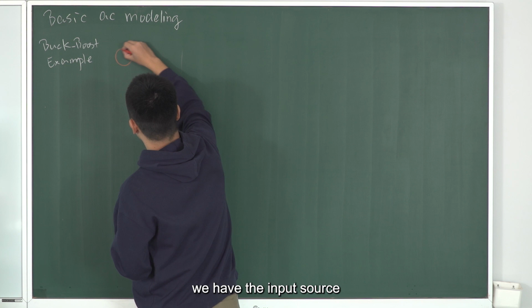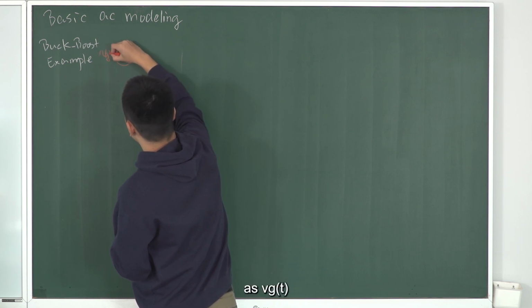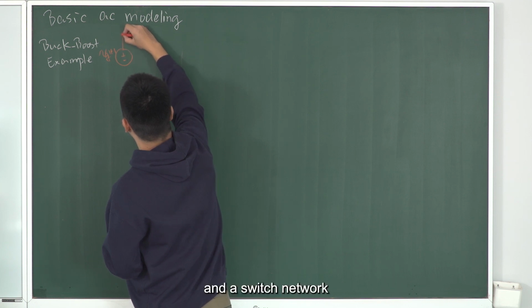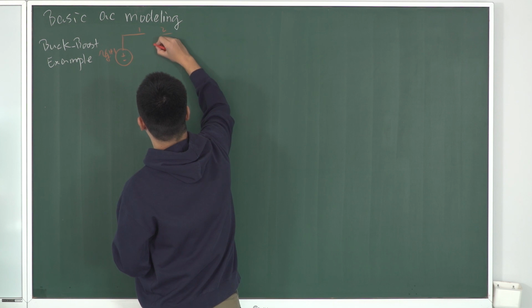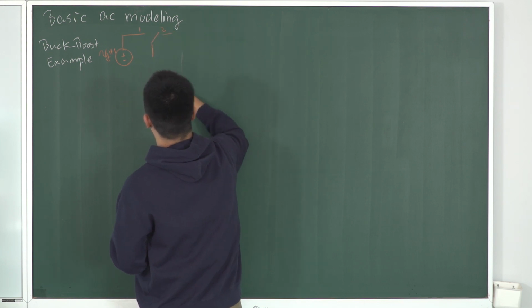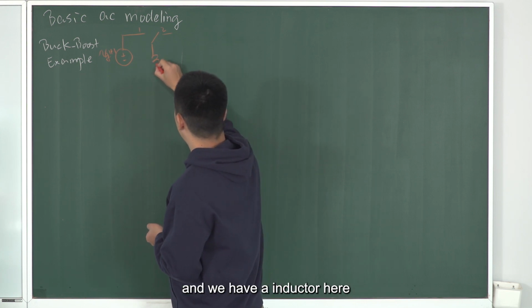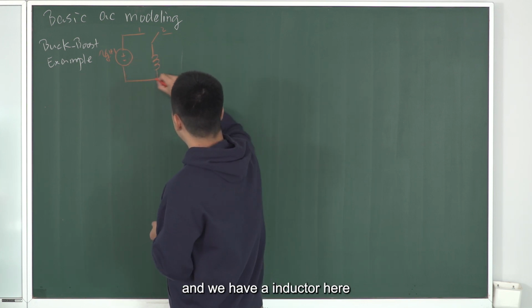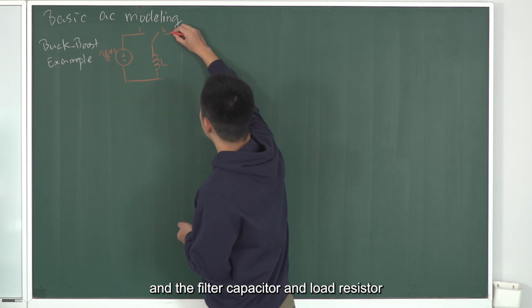First, let me plot the schematic of the buck-boost topology. We have the input source as VG(t) and a switch network. This is a single pole double throw switch, and we have an inductor L, the filtering capacitor, and the load resistor.